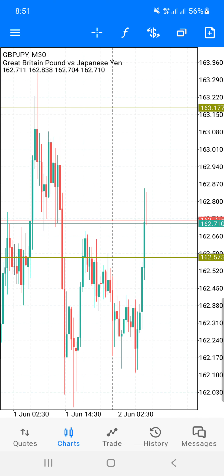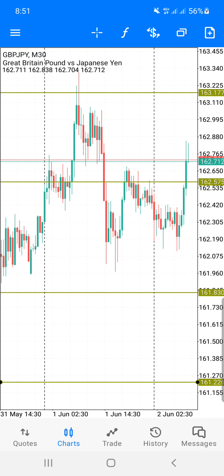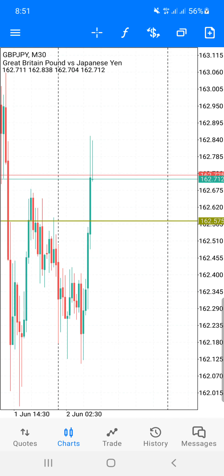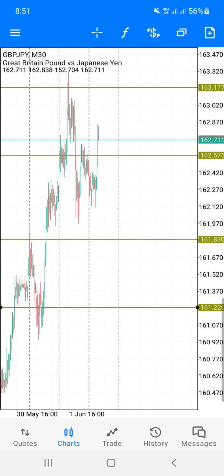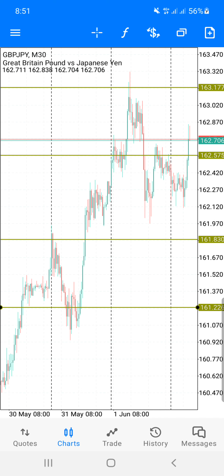Then for this support, price could not reach it today, which is this one here. But around this particular support, there was a region where price turned when it reached it.